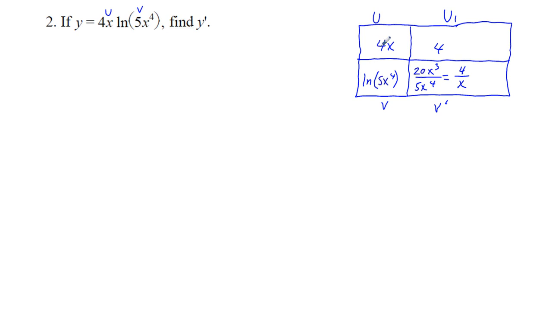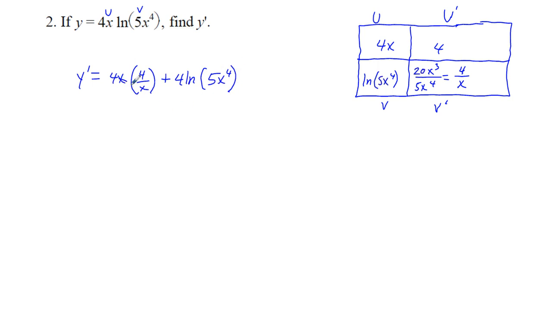And so we're going to have u v prime, which is 4x times 4 over x, plus v u prime. Let me just write that a little more neatly here. It's going to be u prime. There we go. So y prime is equal to 4x times 4 over x, and then plus 4 ln of 5x to the fourth power.